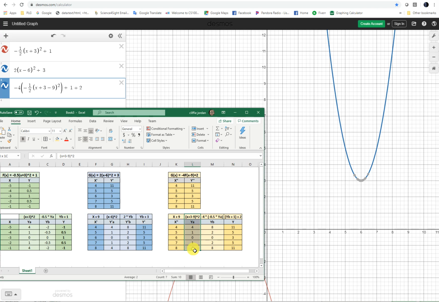You can break it apart, and I would suggest breaking it apart into its sections. In each part, you do the original f of x, the x plus 3 here, and then you do the shift that you need for the transformation function, so the x plus 3 minus that 9, and you calculate, okay? And then for the outer coefficient, which was -0.05, you keep that, so -0.05 times this, but then you multiply it by this transformation coefficient.